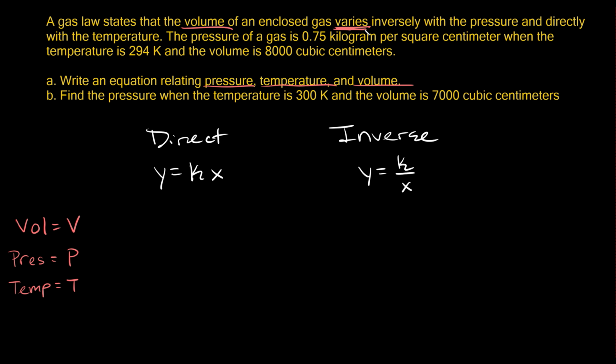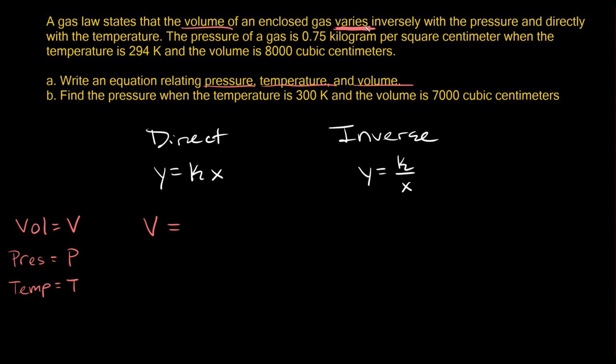Whenever you see varies, that means you're going to plug in an equal symbol. So here we're saying that the volume is equal to something.